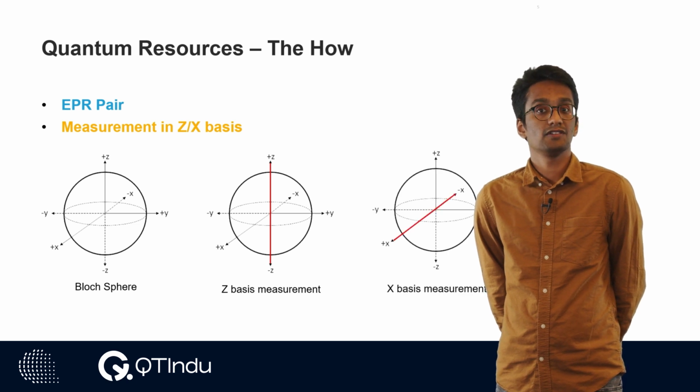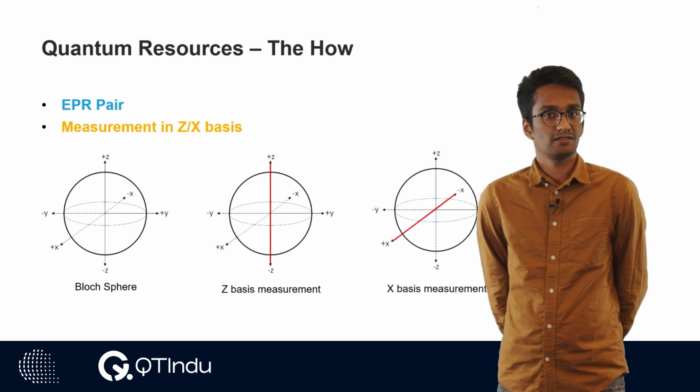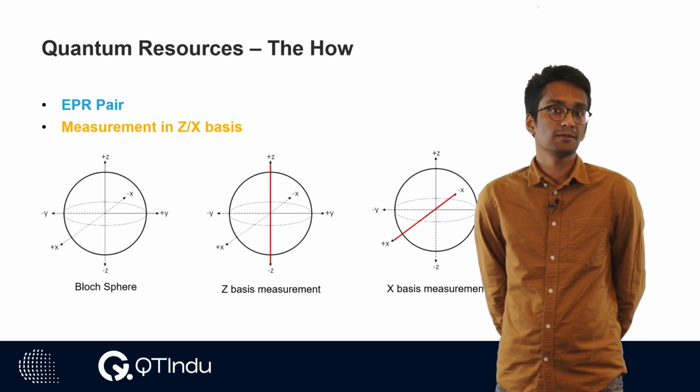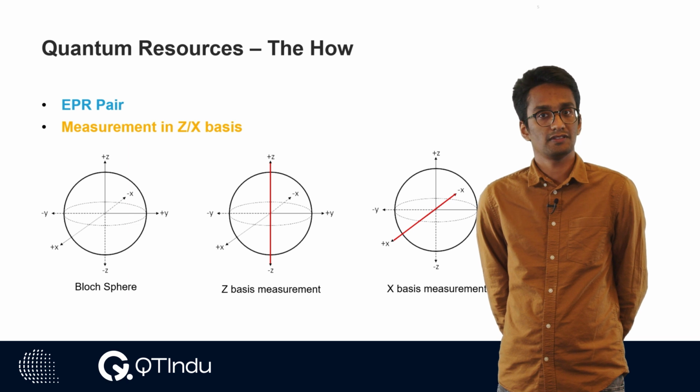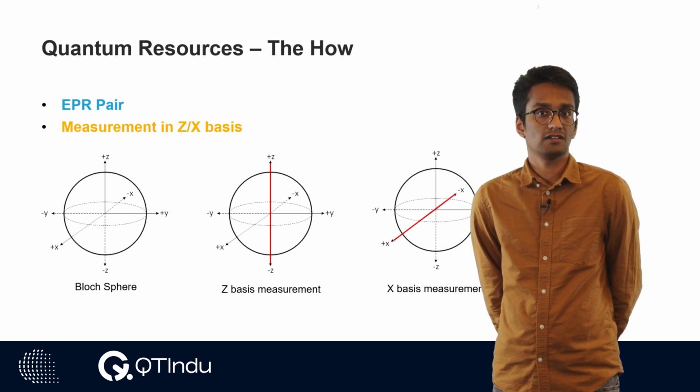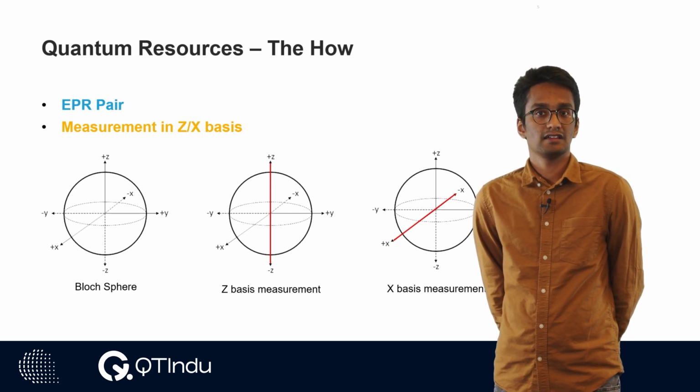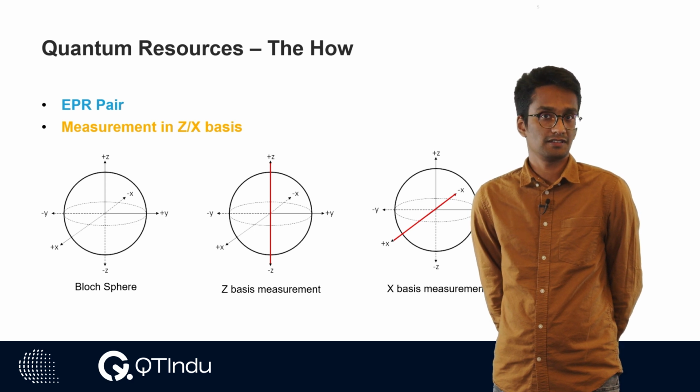If you say you want to measure in the z-basis, you're actually measuring along the z-axis. Once you measure in the z-basis, it will collapse into one of the states at the end points of the axis, so you collapse it into either 0 or 1. Similarly, if you measure in the x-basis, you collapse the qubit into either the plus state or the minus state. Keep in mind, measuring in different bases may provide different results.